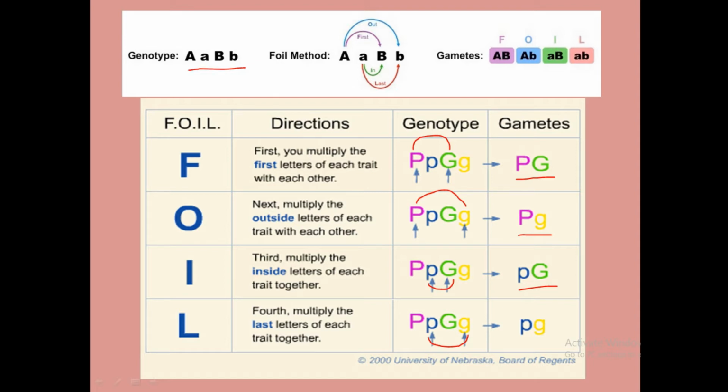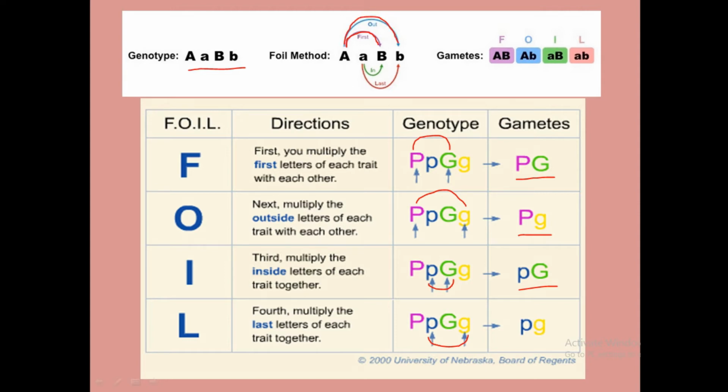So here we are crossing A with B, that is the first letter of each trait. Now then O, so outside. Now capital A and small b.